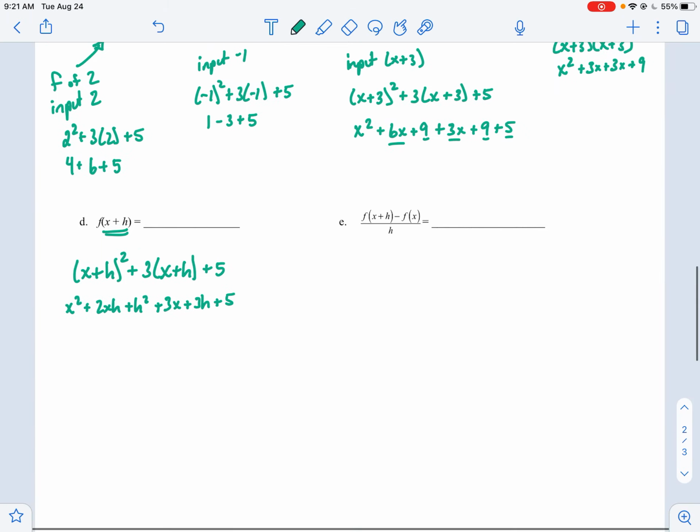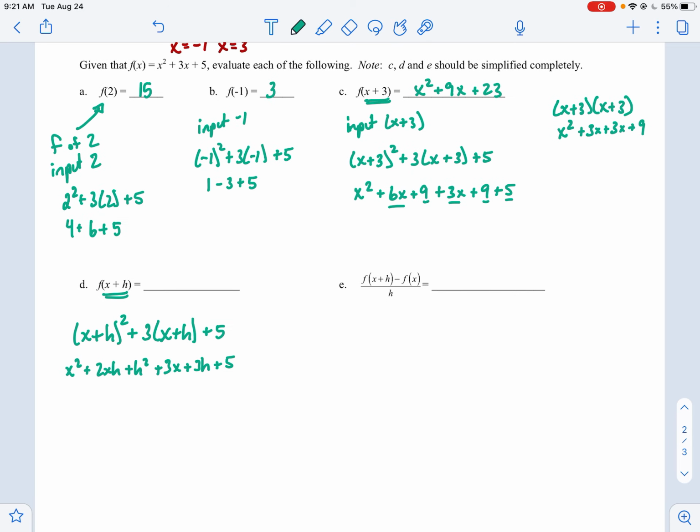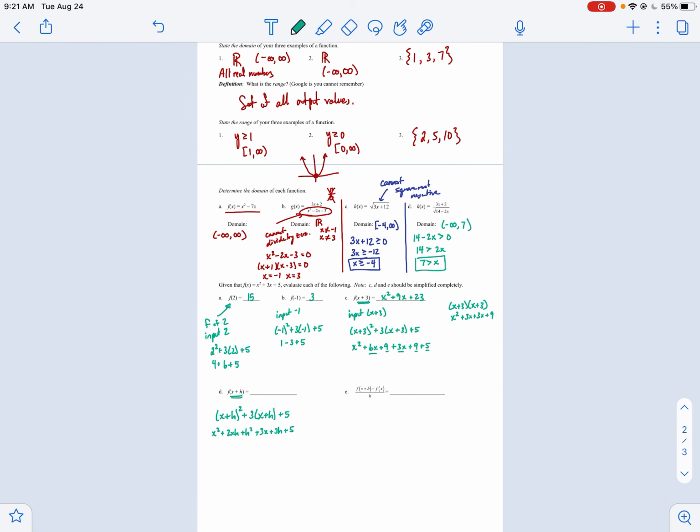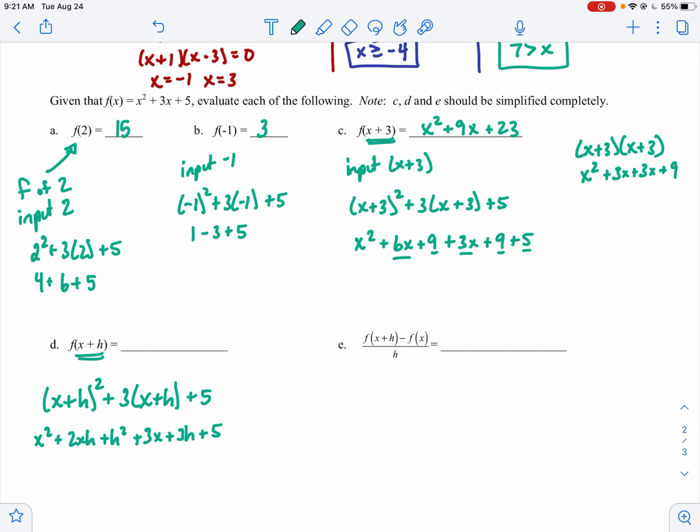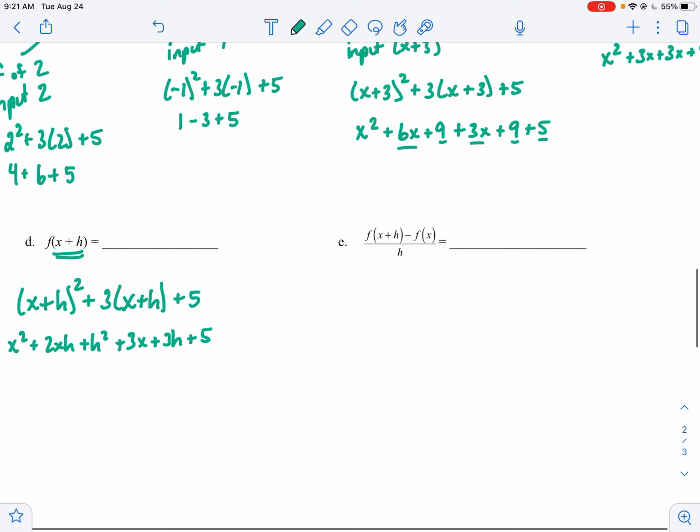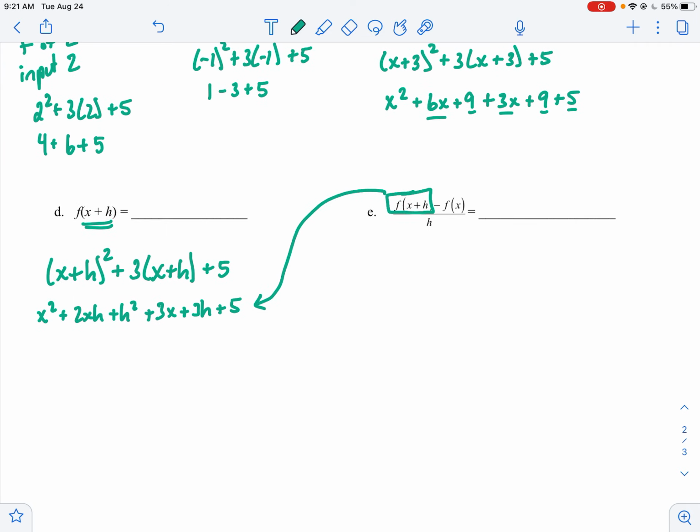So then when you look at this next one, E, you may get a little freaked out and say, what in the world is going on? Like, this is this big giant mess. But really, it's just saying take this one step at a time, right? So this is saying, hey, what is f of x plus h? Oh, well, we actually just found that right there. So I get x squared plus 2xh plus h squared plus 3x plus 3h plus 5, right?